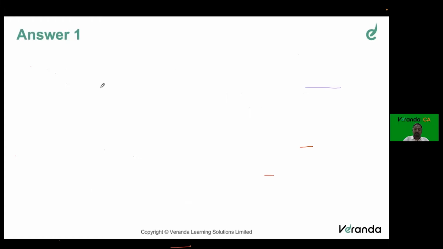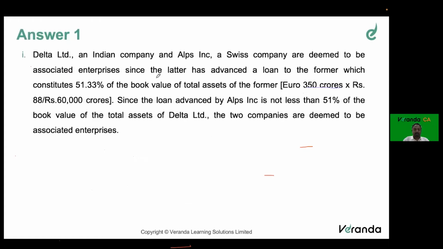As far as the answer goes, Delta Limited is deemed to be an associated enterprise since the loan constitutes 51.33%. So we apply this 350 crores into 88, dividing it by 60,000 crores. The proportion is 51.33%.